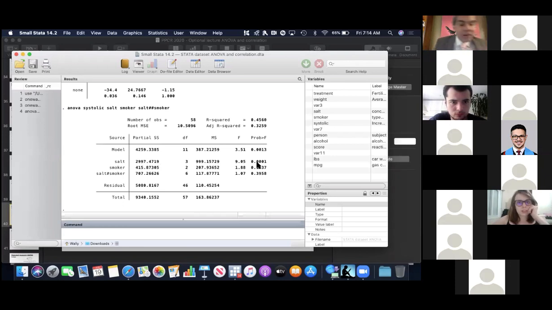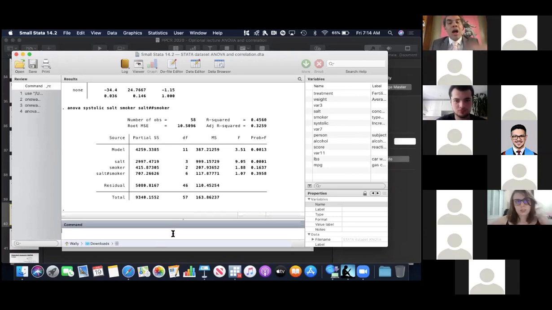Sadly, Ludwig, we cannot do a Bonferroni in a two-way ANOVA. But remember, salty diet is like one trial and smoker is like a second trial. So what can I do right now? I can do a one-way ANOVA only of my salty diet, because it was significant.